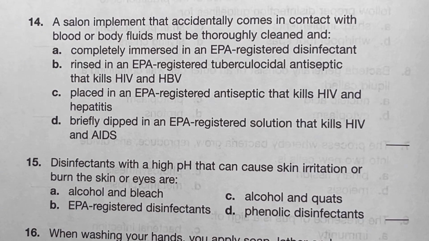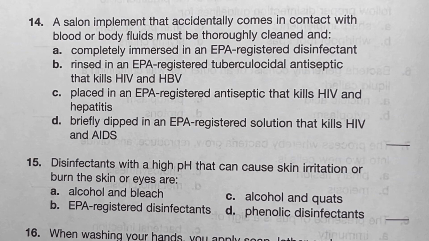C. Placed in an EPA-registered antiseptic that kills HIV and hepatitis. D. Briefly dipped in an EPA-registered solution that kills HIV and AIDS. And the correct answer is A. Completely immersed in an EPA-registered disinfectant.